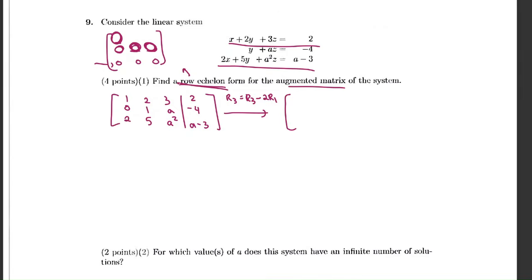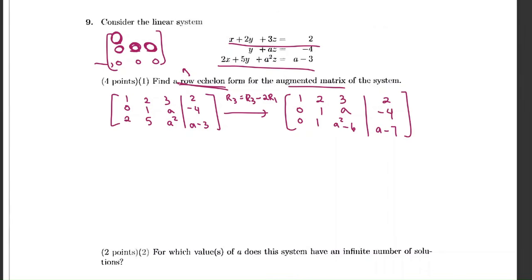And that gives me 0, 1, a squared minus 6, and then a minus 7. And this is still 1, 2, 3, 2, 0, 1, a, -4.